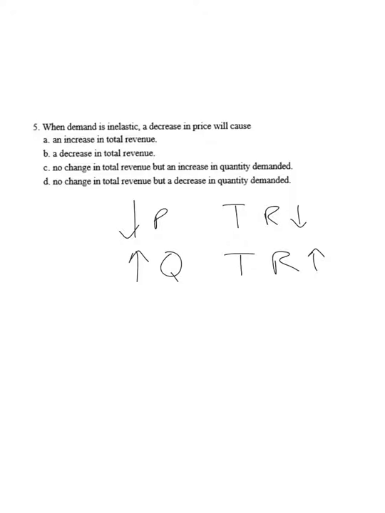So if we know that consumers are inelastic, we know that the change in quantity demanded is going to be small. So we're going to have a small change in quantity demanded and a big change in price, relatively. So the negative impact of the price is going to be greater than the positive impact from the quantity.